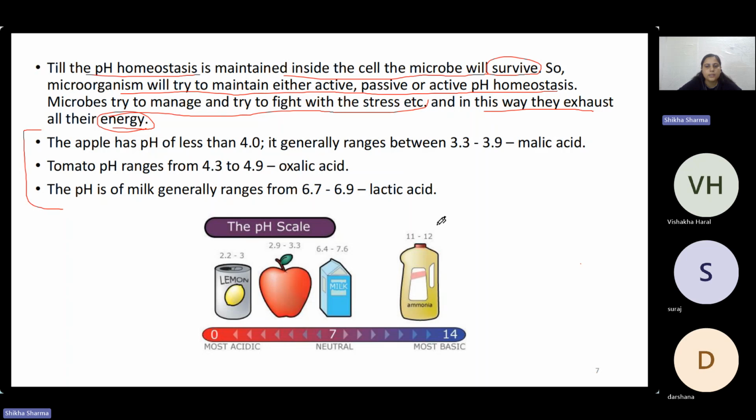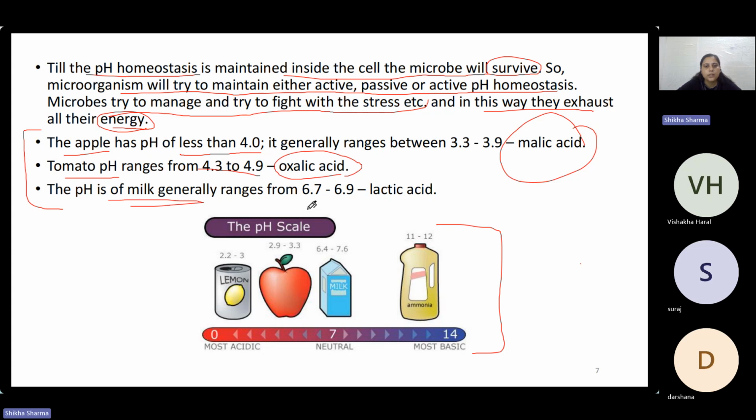We can see different food products like apple. Apple has a low pH, less than 4, so microorganisms will grow less because it has malic acid. Tomato's pH is also low, 4.3 to 4.9, because of the presence of oxalic acid.